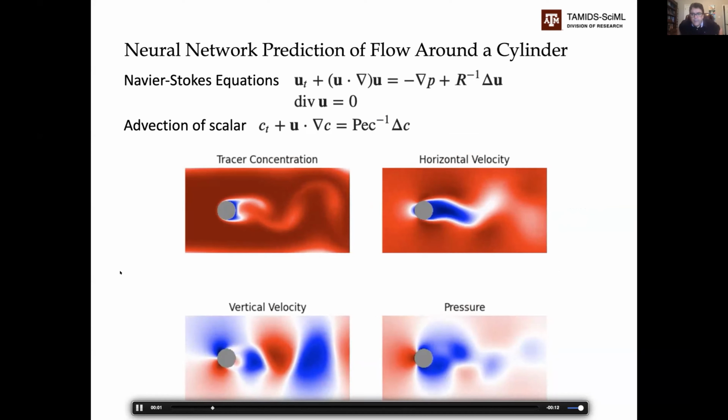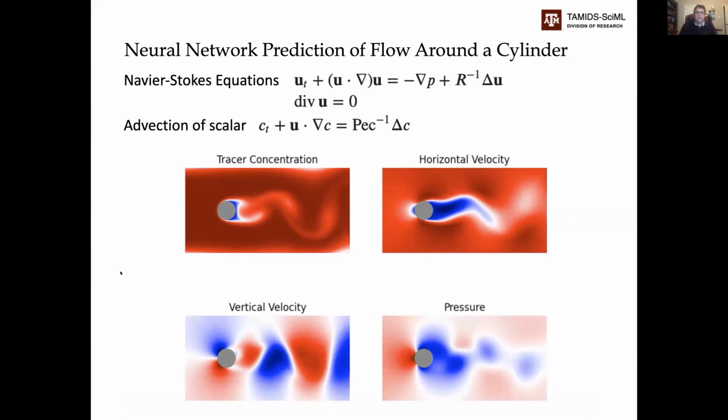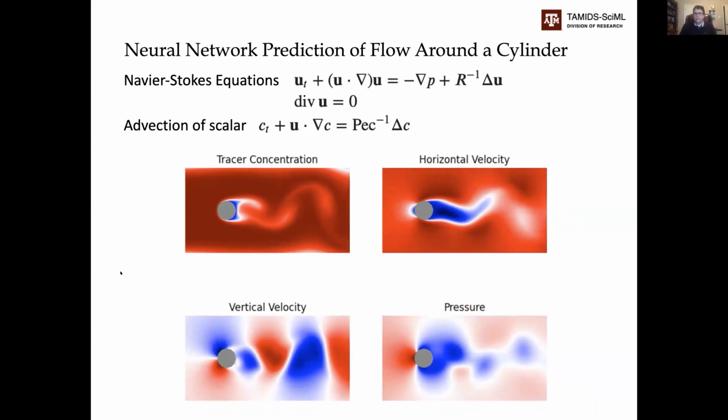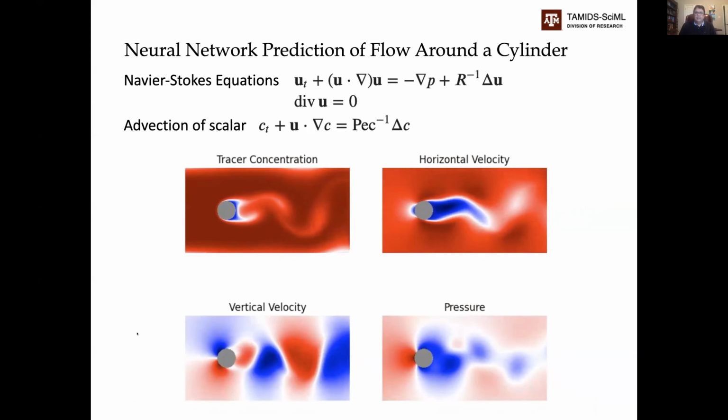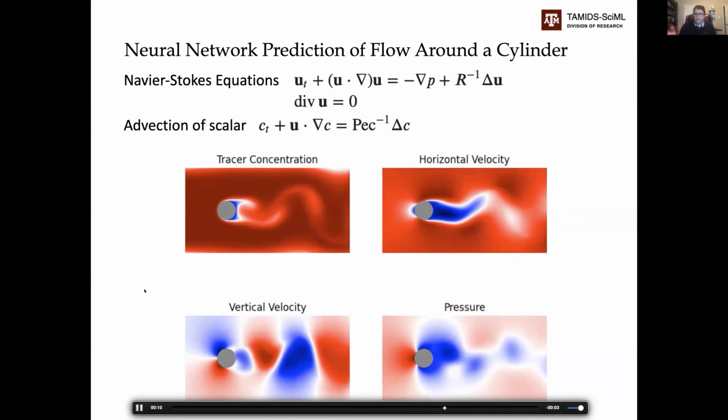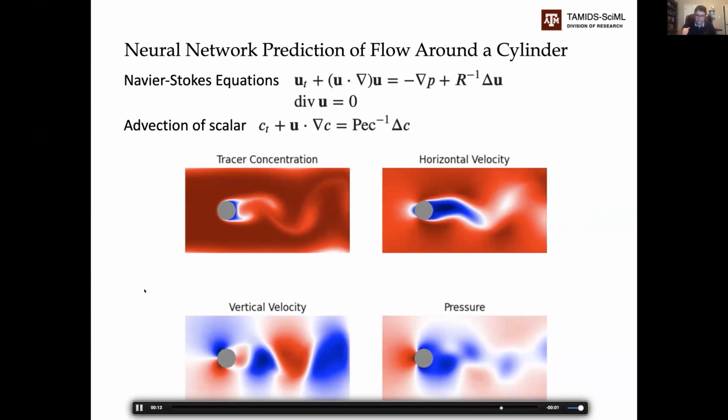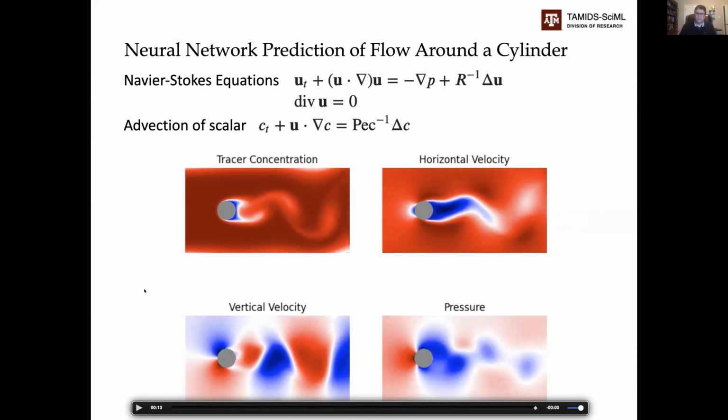So here, what you're seeing is the solution of Navier-Stokes equations with the advection of a tracer. So this tracer is some kind of contrast or food coloring that you can put in the water that can be measured.